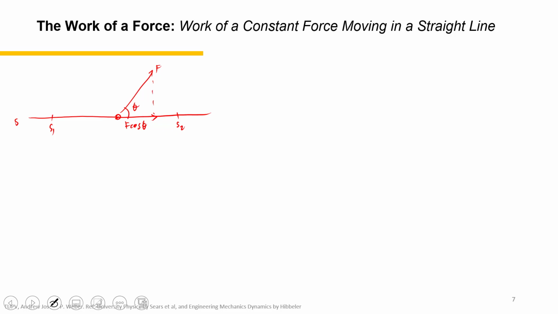Since this is a constant force, let's just label it F sub C and F sub C here. So again, let's begin with the fundamental equation, which is dU equals F dot dr, or F cosine theta ds.